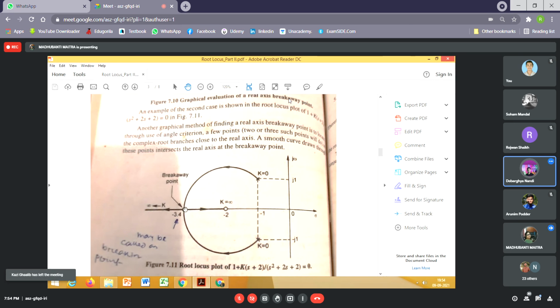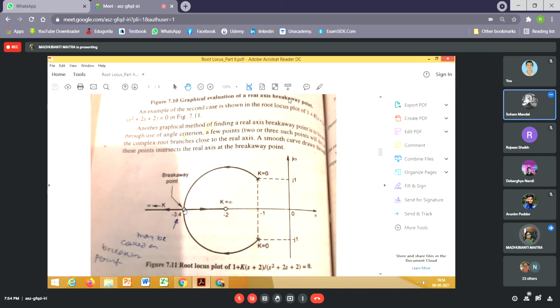It's just opposite to the previous one. So one root branch will terminate onto this open loop zero, and the other root branch will tend towards infinity as k tends to infinity. This complete segment is one on-locus segment.